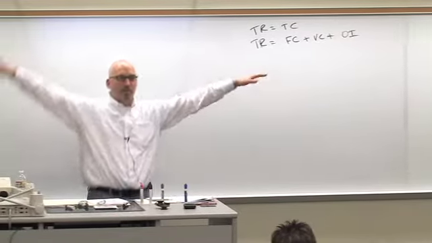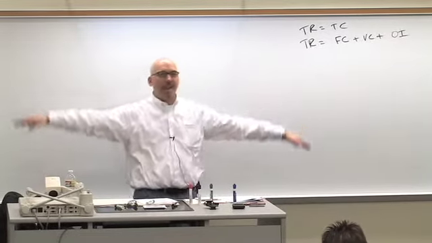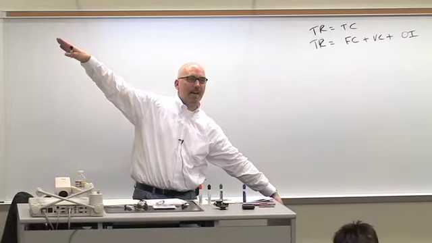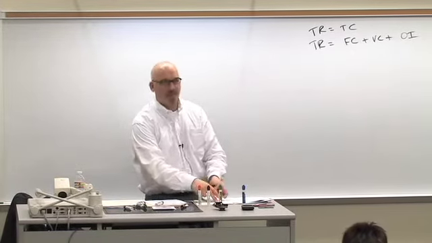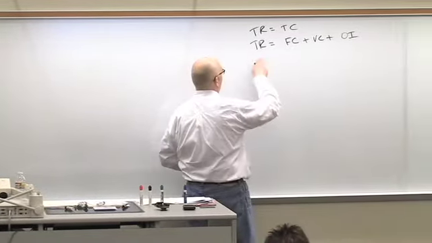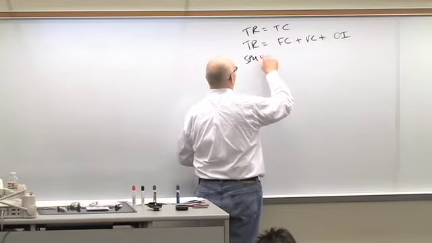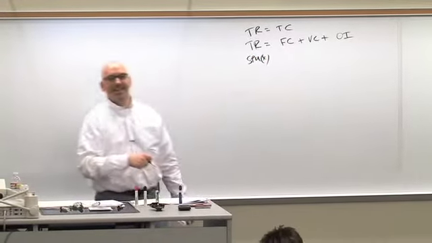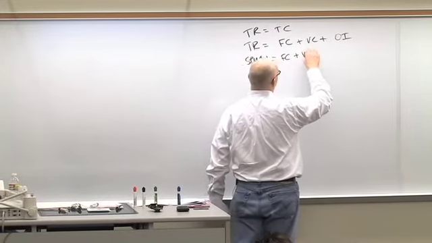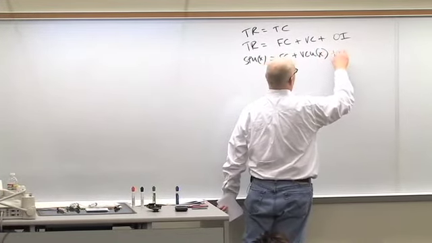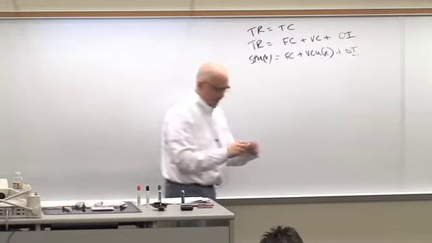How do we calculate revenue? What's SPU stand for? Perfect. Selling price per unit times volume. But I'm going to write SPU on the board. SPU times X equals fixed costs plus VCU times X plus operating income. Okay?